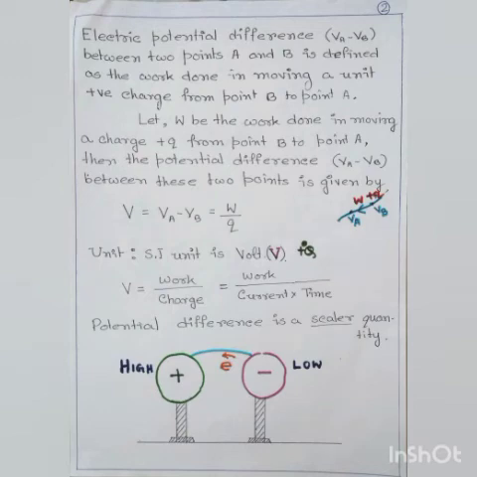So if we consider two different points in any electric field, the potential of the two points will be different, and if we subtract them, we will get the electric potential difference.